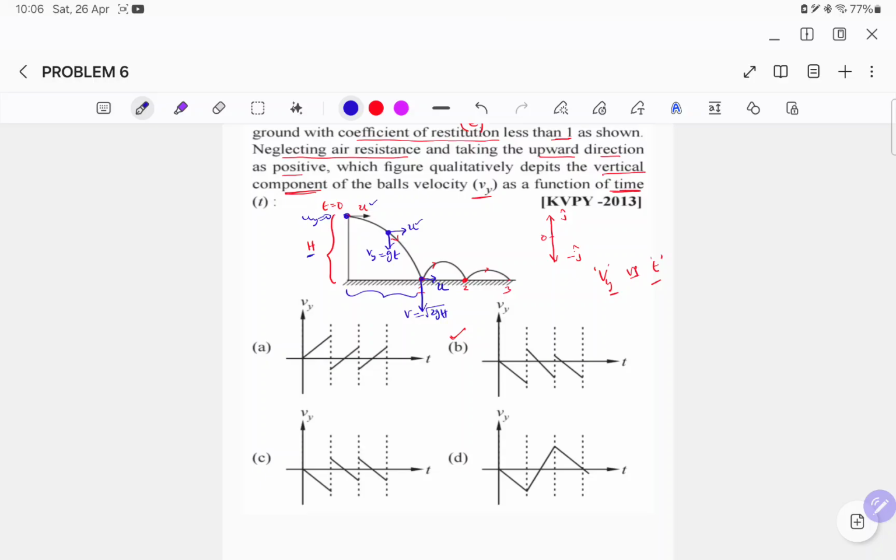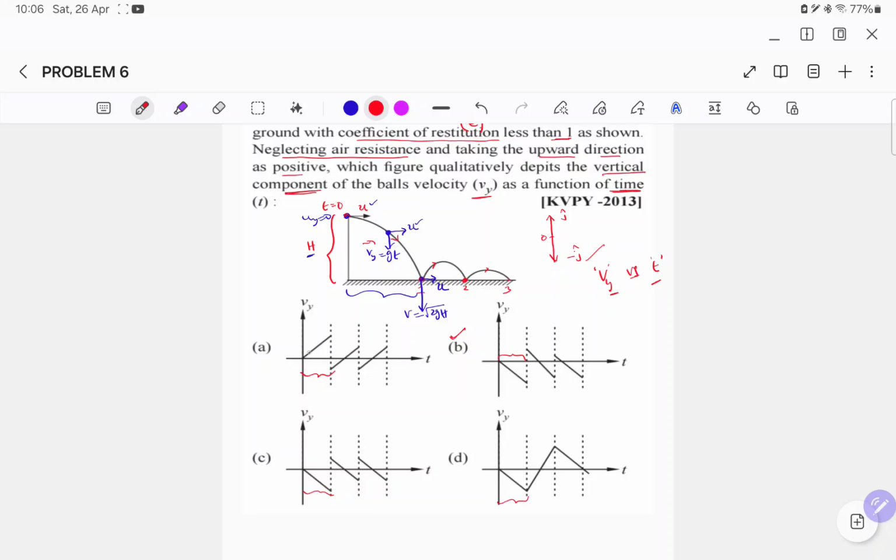Now, during this time interval, from here to here, you notice that the velocity is in the downward direction, which is negative. That means the graph must be in the fourth quadrant because velocity is negative.